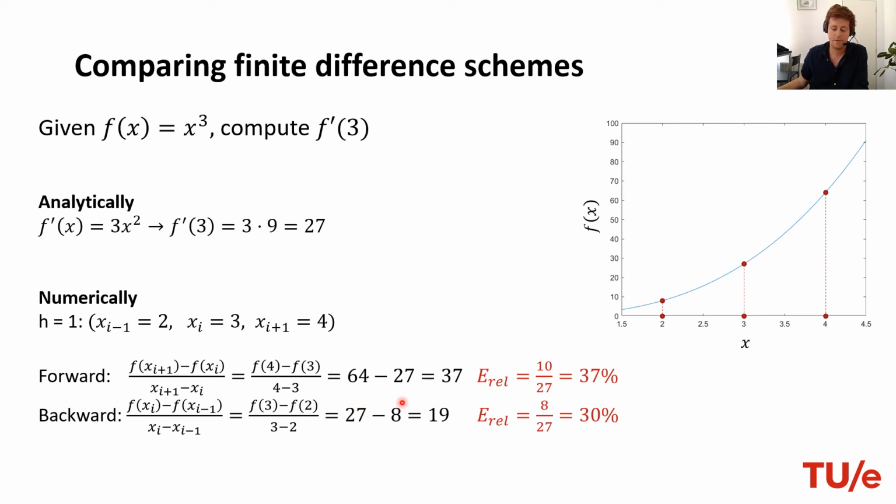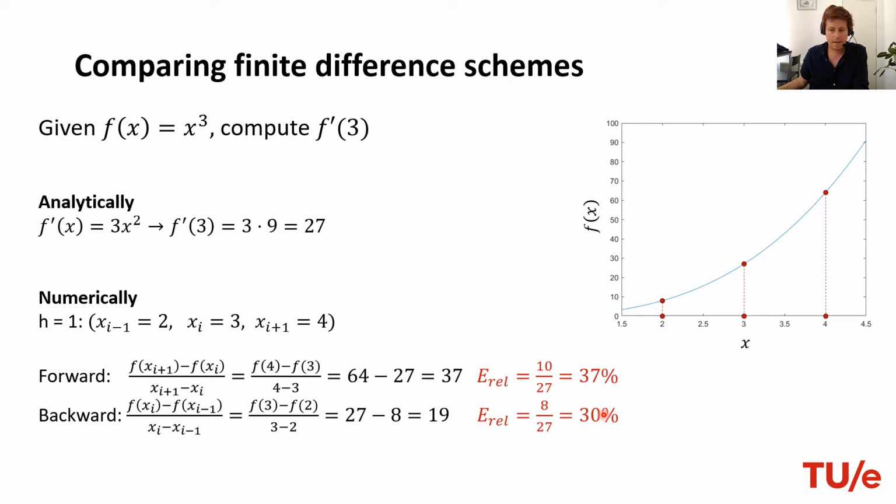So that's 27 minus 8, is 19. And again, we're far off. Obviously, we can reduce this if we were to choose h smaller, but for h is equal to 1, here we have a relative error of about 30%. So this backward difference is certainly not much more accurate, if at all, than the forward difference. And this is also what we would expect if you have some kind of symmetry in your problem.